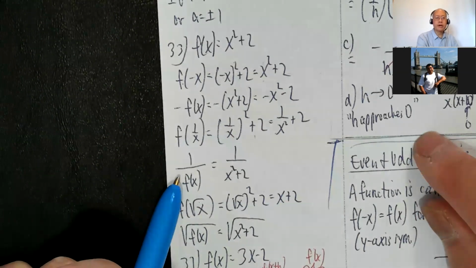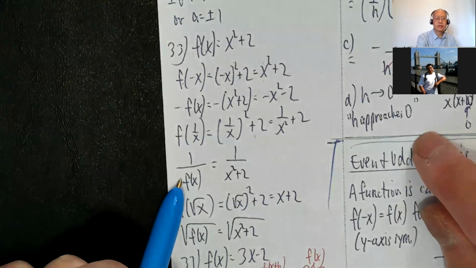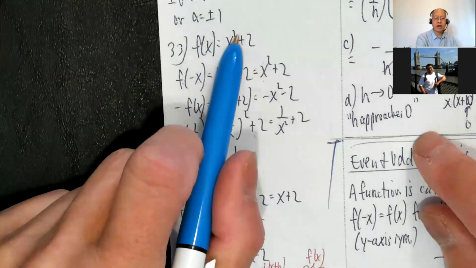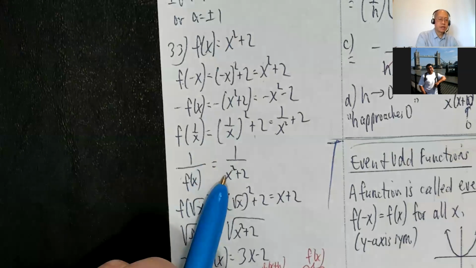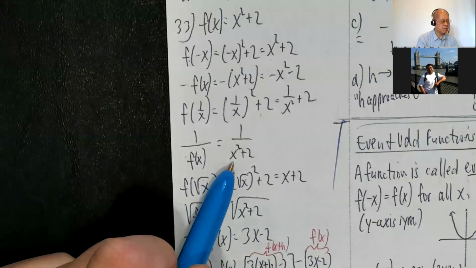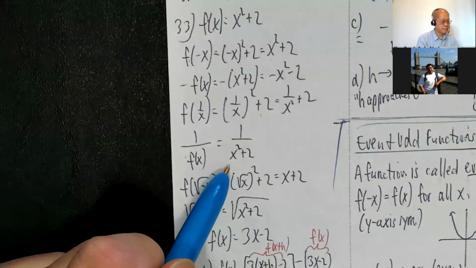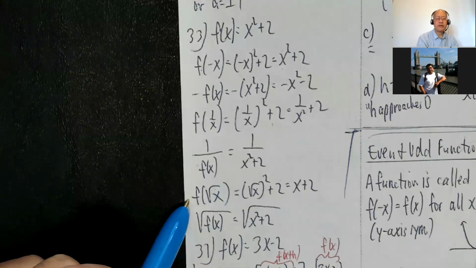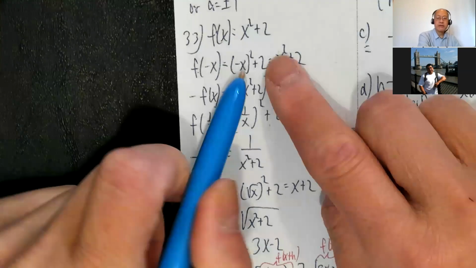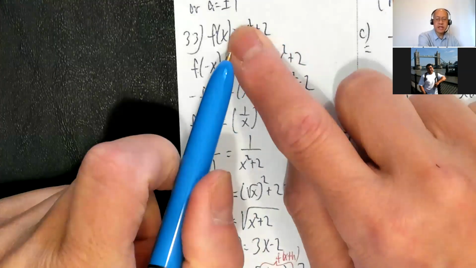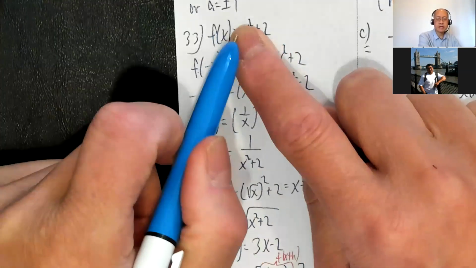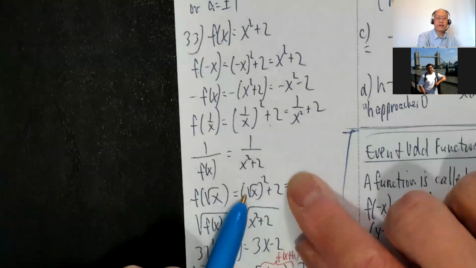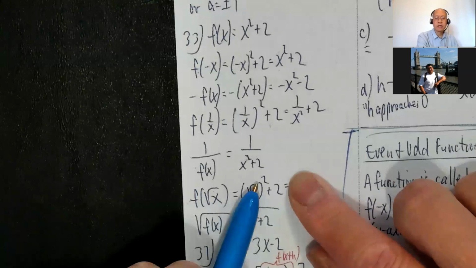Then it asks for 1 over f of x. So I just go 1 divided by that whole thing. 1 divided by x squared plus 2. And just leave it like that. Then f of radical x. F of radical, so right here, pretend you were raised to x, put square root of x. So f of radical x is square root of x squared plus 2.